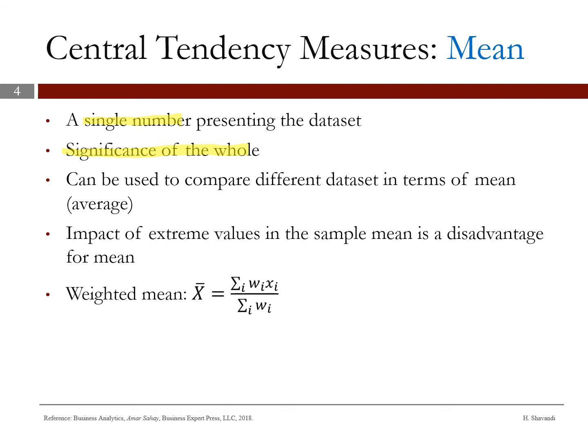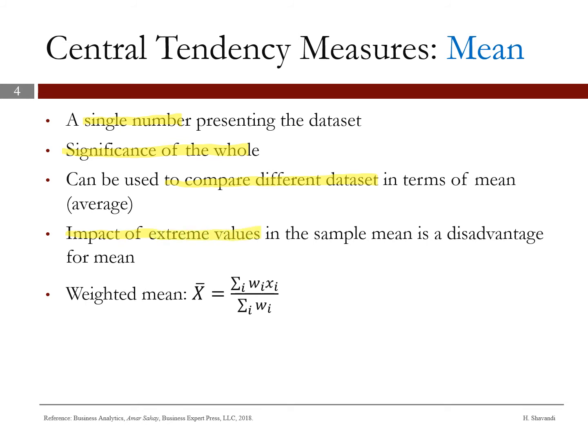And for example, if we have different trading strategies and we have applied those trading strategies at the same time on the same stock, then we can compare the performance of those trading strategies by the mean, right? The mean here can be a base to compare different data sets. One of the disadvantages of the mean is the impact of extreme values.